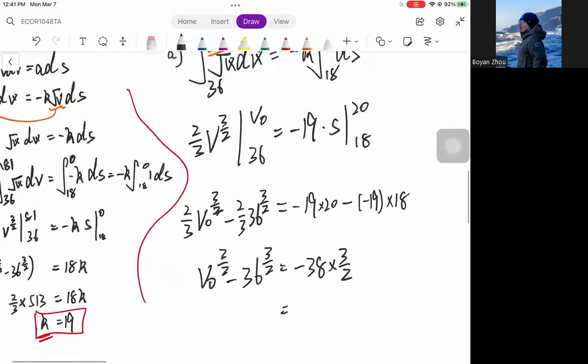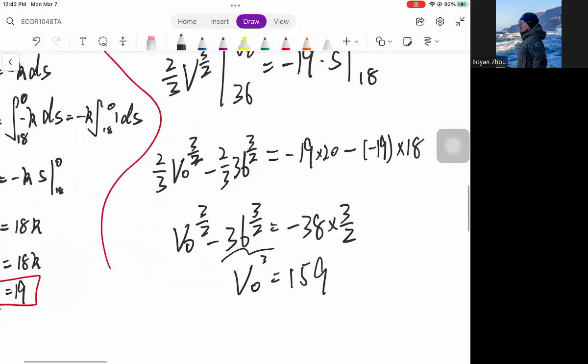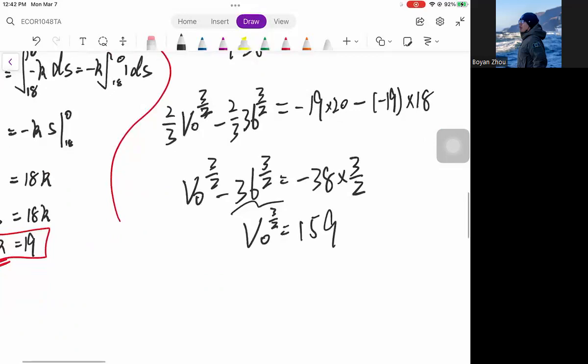I'm just solving the equation here. Moving this to the right hand side and putting it into a calculator, we get V naught to the power of 3 over 2 is equal to 158.159, and then V naught is equal to 29.3 meters per second.